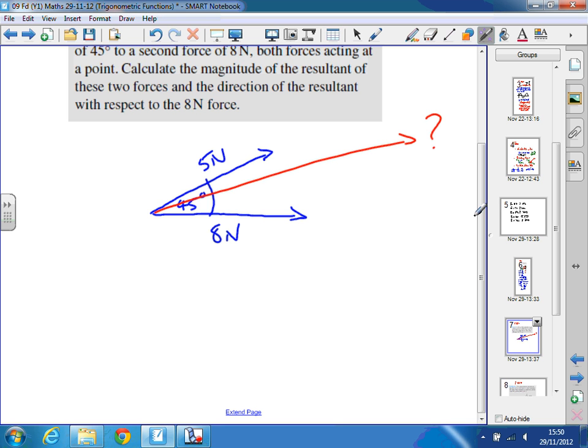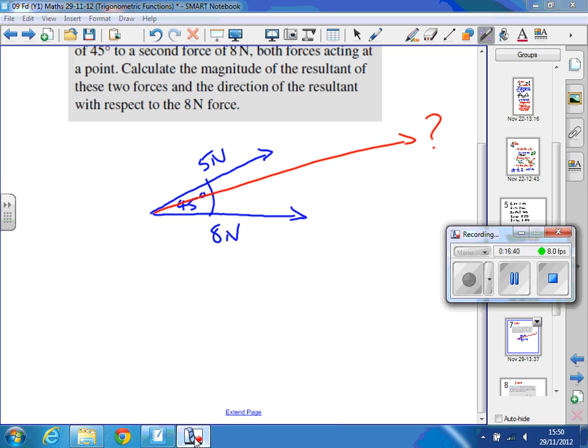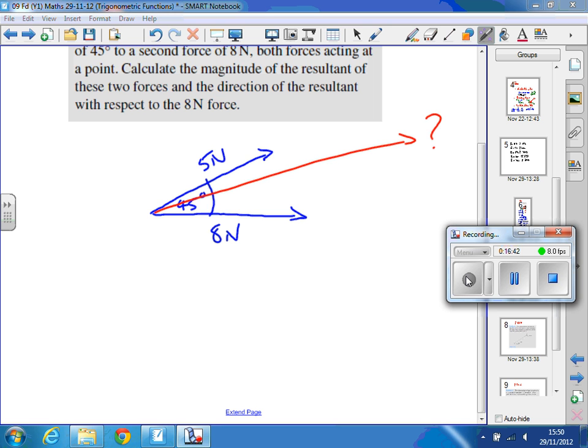No, let's look at it by finding the vertical and horizontal components, okay? Because I think I've got another example later on where we might use the rules for that. So what we do is we find the vertical and horizontal components for the 8 Newton force.